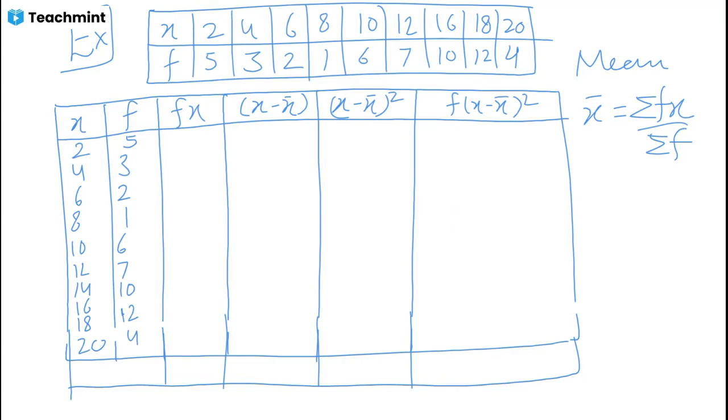So f into x, we have 10 here, 12, again 12, 6, 8, 60, 84, 140, and 16. Okay, I think one frequency is missing. Okay, let me check.